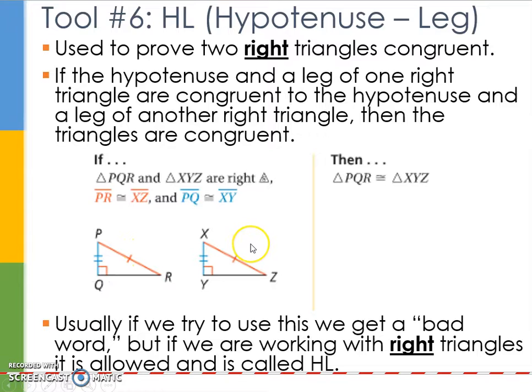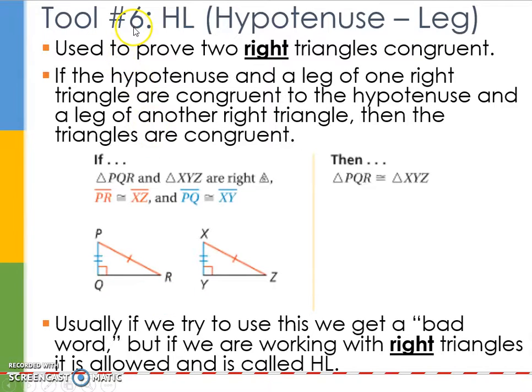Angle, side, side can be used for only right triangles. So when they have a leg congruent, hypotenuse congruent, and the angle, right triangle 90, 90 congruent, you can conclude that these two are congruent right triangles.